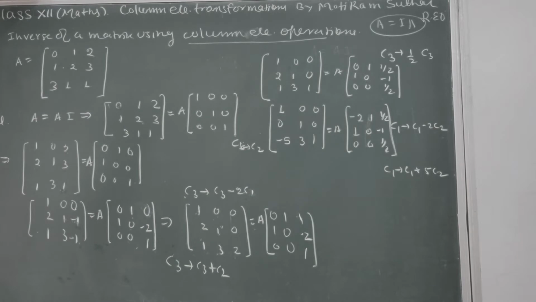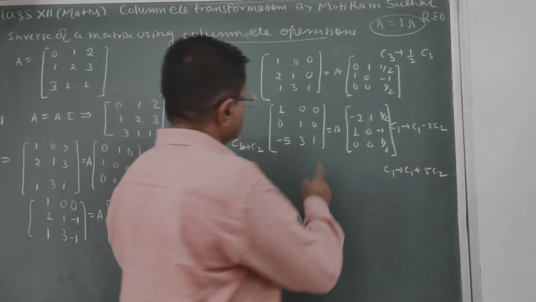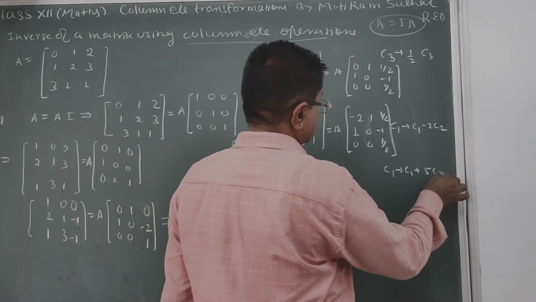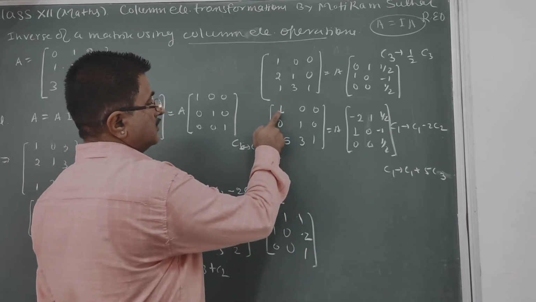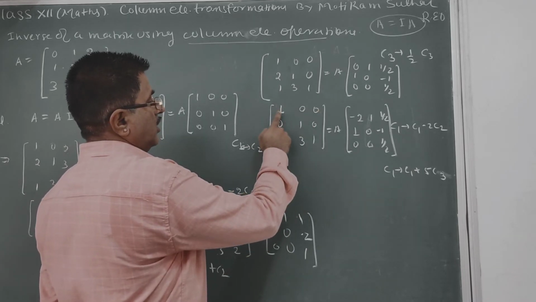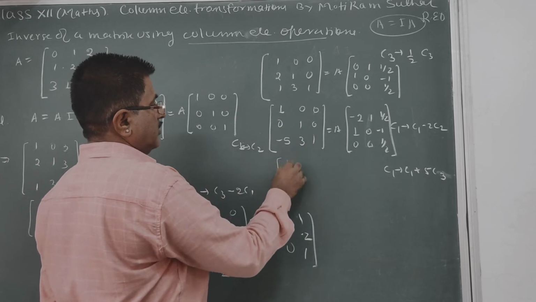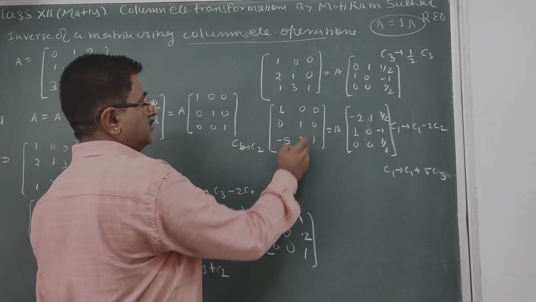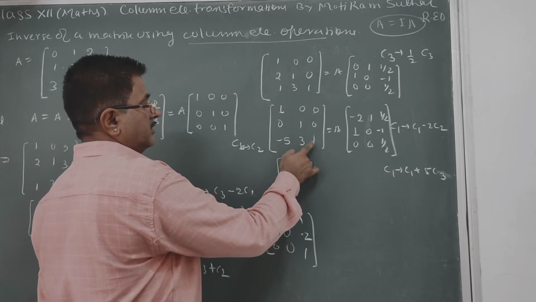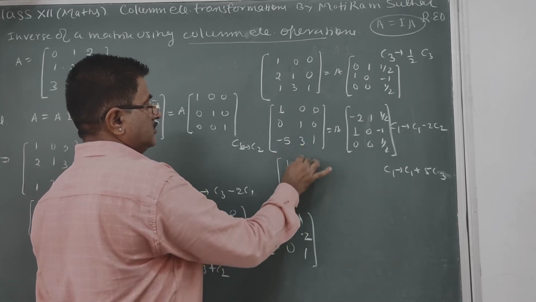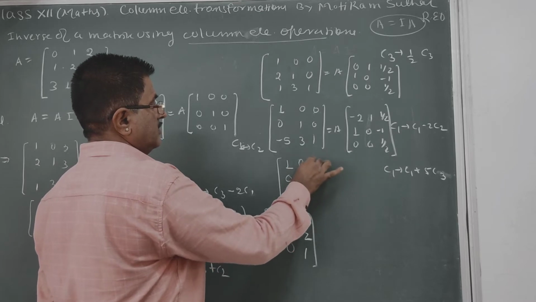Column second is multiplied by 5 and added with the, not first, this is third one. So see here, column first plus 5 times of 0: 1 plus 5 into 0, that is 1; 0 plus 5 times of 0, 0; minus 5 plus 5 times of 1, minus 5 plus 5, 0. We will write this again once more.